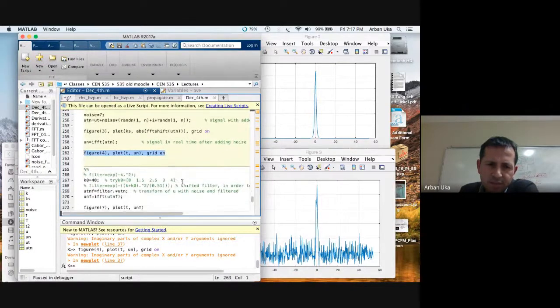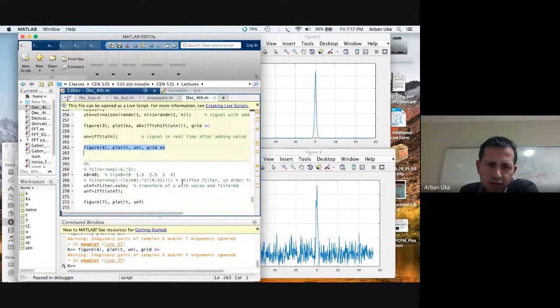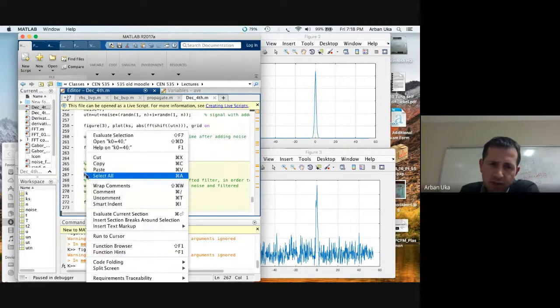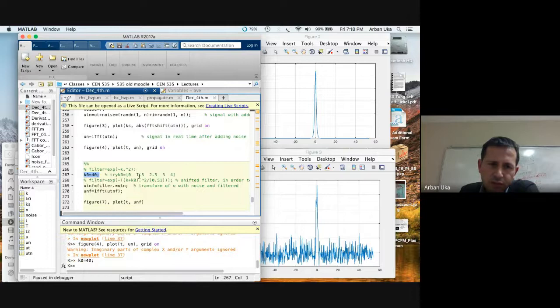For example, let's assume for a moment that we set, wait a second, let's set k0 equal to 40, and let's generate a filter which is centered at 40 with a width of 0.51.